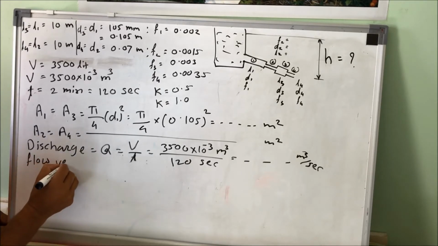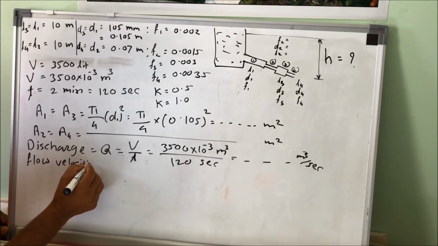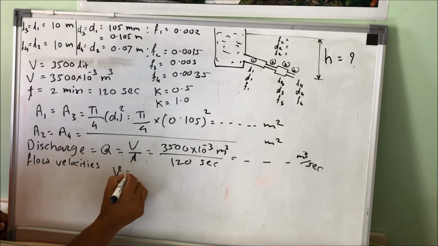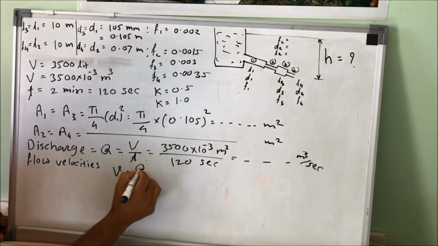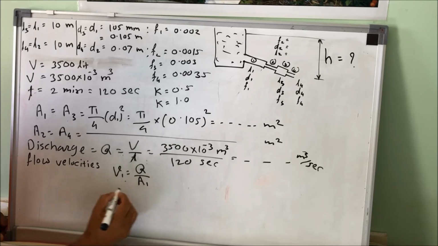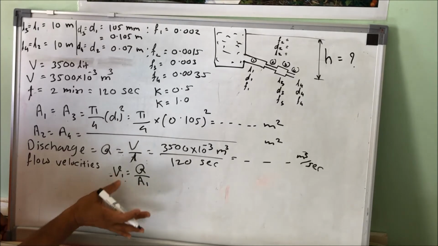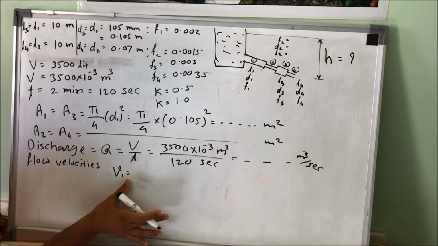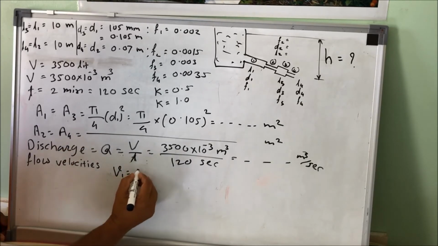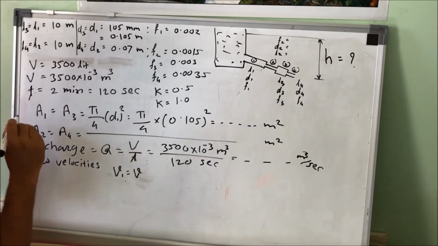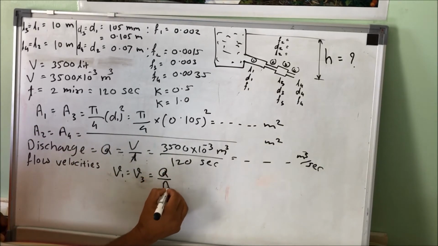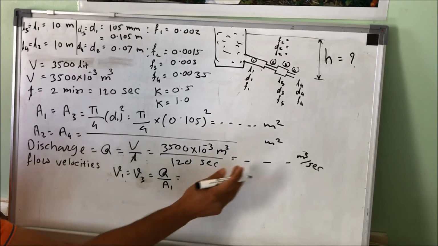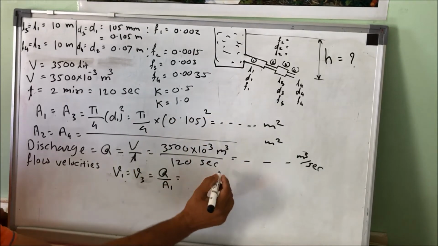V1, small v, is equal to Q by A1, and V3 is the same because the discharge is the same, so V1 is equal to V3 is equal to discharge by area 1 or 3. You know the discharge, you know the area, so you can find the velocity.